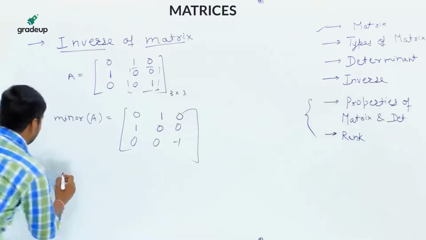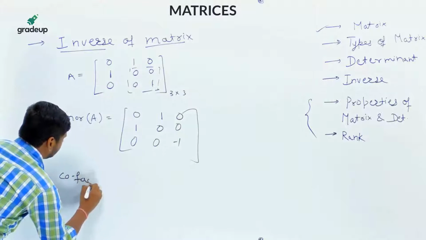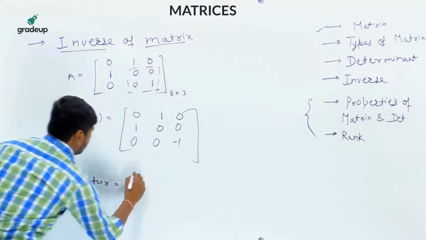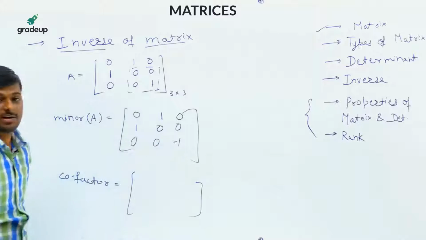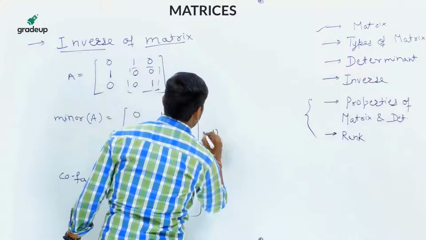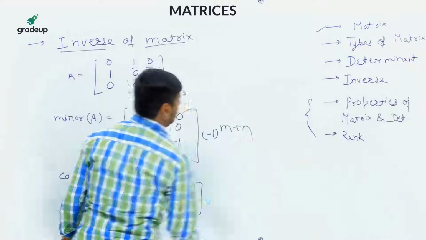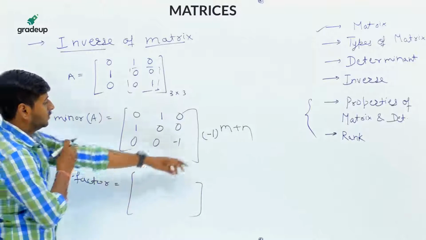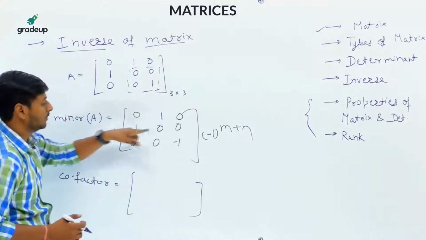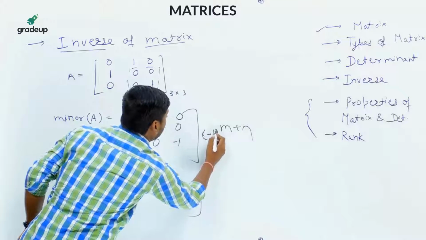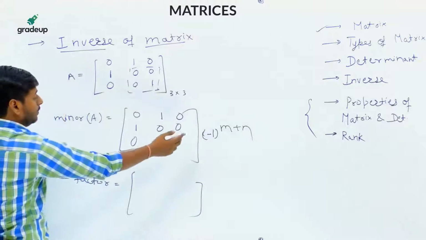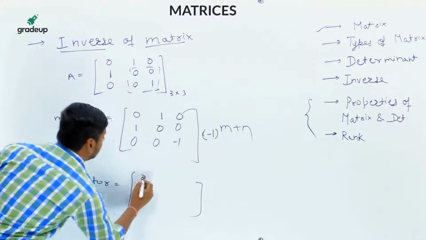Now we will find the cofactor matrix. As I told you, multiply this matrix with minus 1 to the power m plus n. This is the first row and first column, so 1 plus 1 is 2, and minus 1 to the power 2 is plus 1. So we get 0 here.